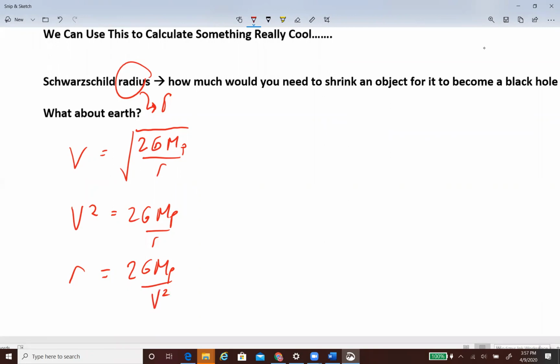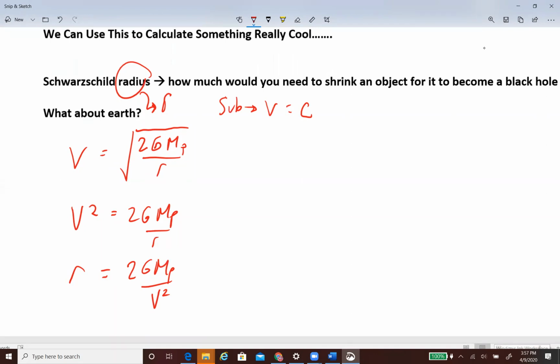Now, what am I going to use for V? Well, I'm going to substitute and say that V is C. Because for something to be considered a black hole, that means not even light can escape it. Right? If it's in a black hole, light can't escape.